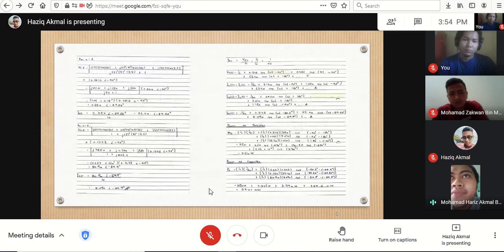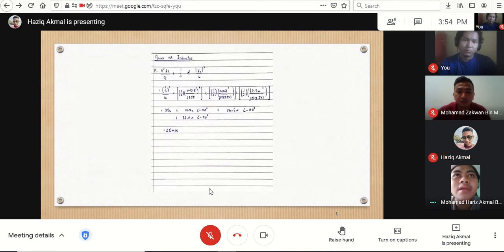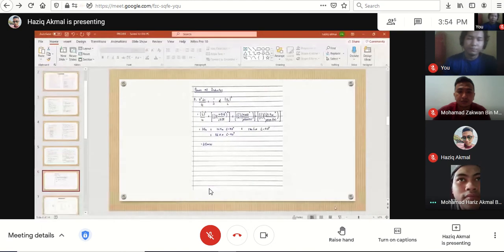First one, power at resistor, we get 25 milliwatt. Power at capacitor, 234.1 milliwatt. And power at inductor, 25 milliwatt. That's all. And I will pass to my friend to explain the simulation.